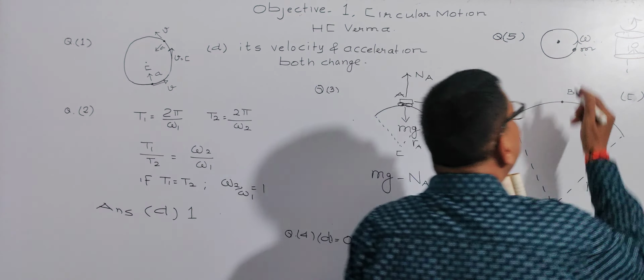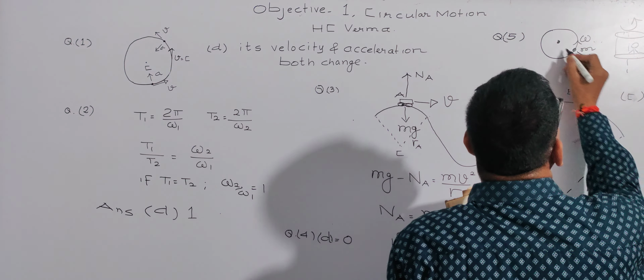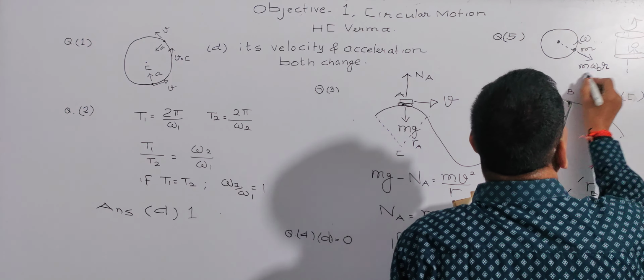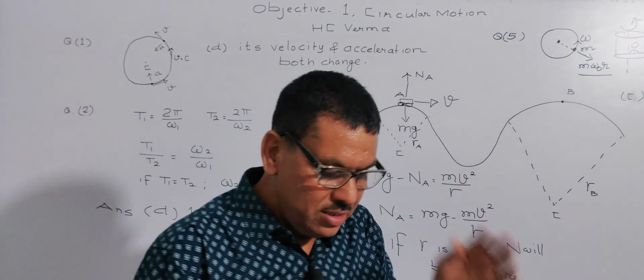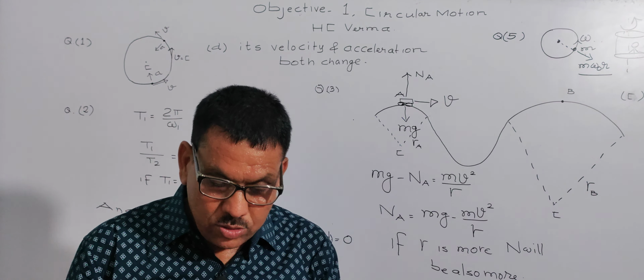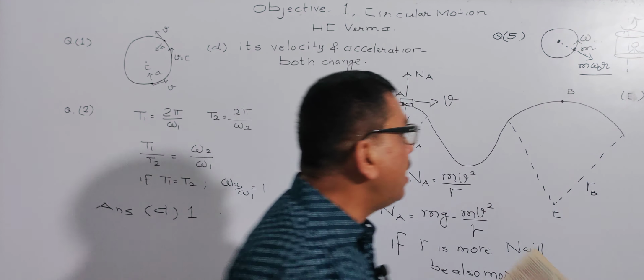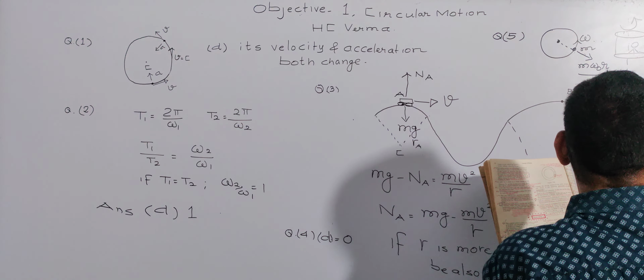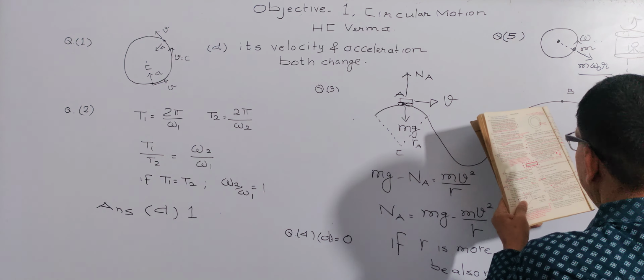So we apply a centrifugal force in the outward direction, that is m omega 0 square r. Is it clear? So B is the correct answer, that is m omega 0 square a.